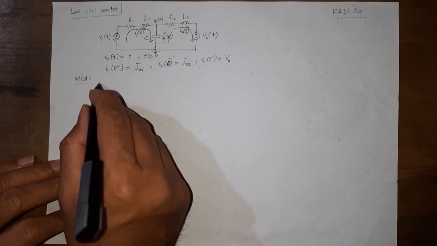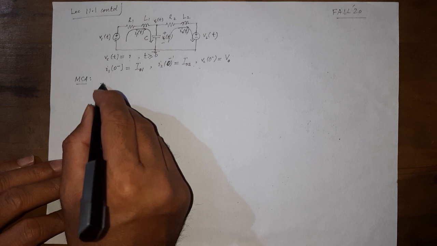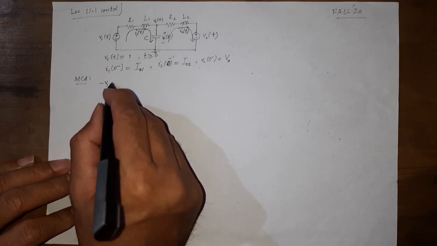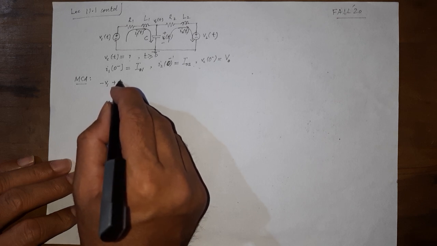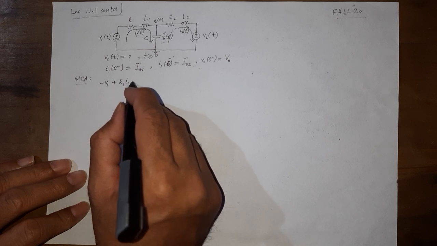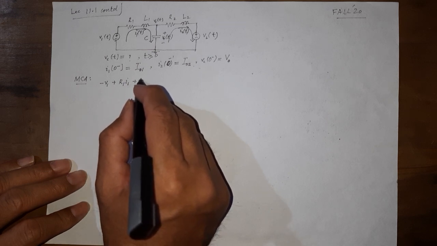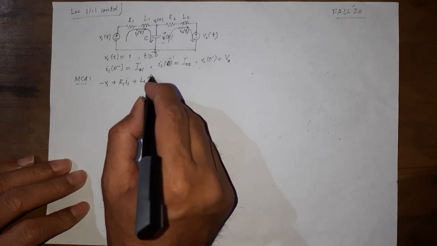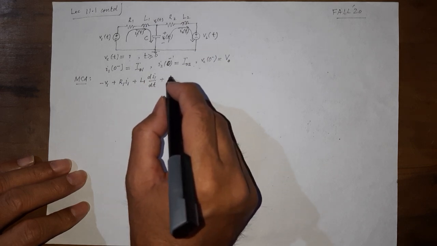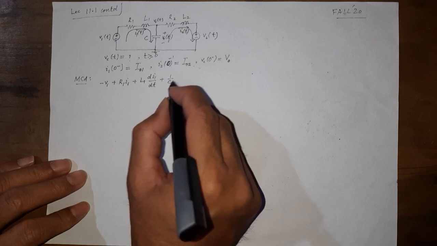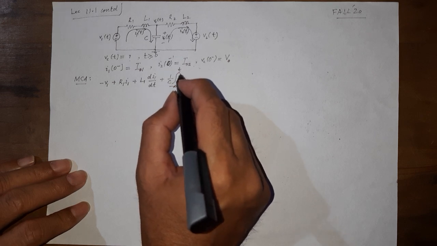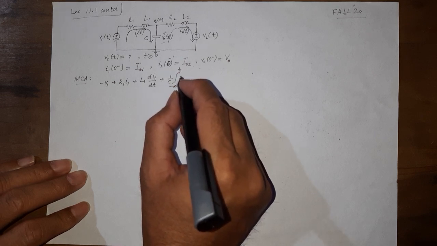So what do we get in the first mesh? Minus V1, I'm dropping the t but it's still a function of time, plus R1 I1(t), plus the voltage across an inductor, L1 di1 by dt, plus the voltage across a capacitor, 1 over C integral from minus infinity to t of the current through it.